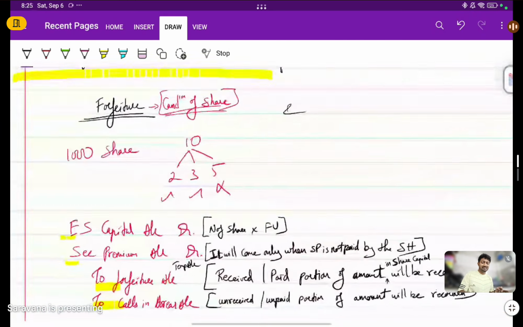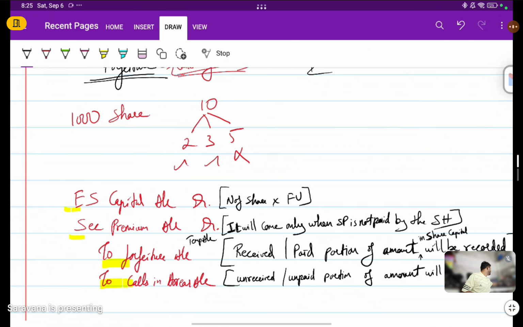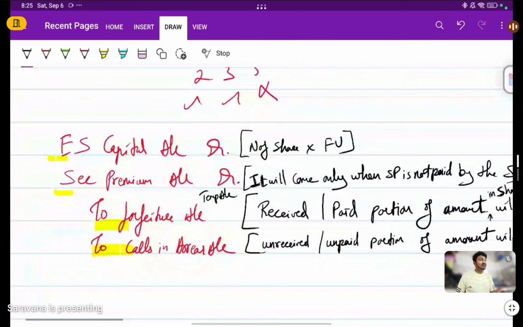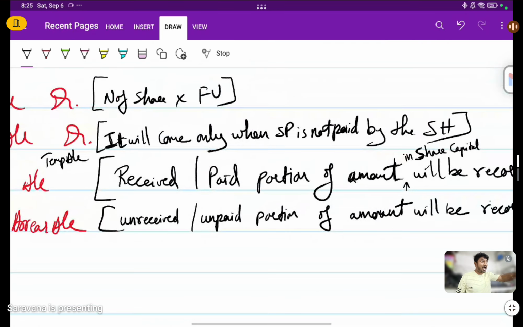That forfeiture also I will recap. What is the forfeiture journal entry? Equity share capital account debit, securities premium account debit, to forfeiture, to call scenarios. When equity share capital comes, it is the number of shares into face value. Securities premium comes only when the premium is not paid or not received.